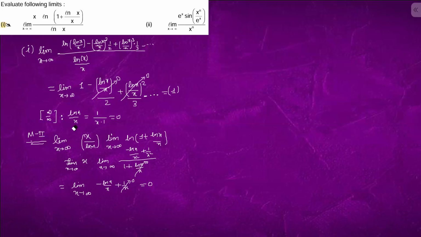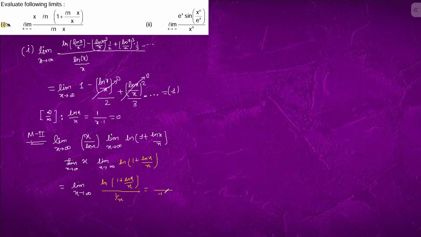Wait for a second. This part is ln 1, ln x / x is 0, so ln 1 is 0. So it is 0 into infinity. So it will stay ln(1 + ln x / x), and we now have ln(1 + ln x / x) upon 1 by x. So this is 0 by 0.